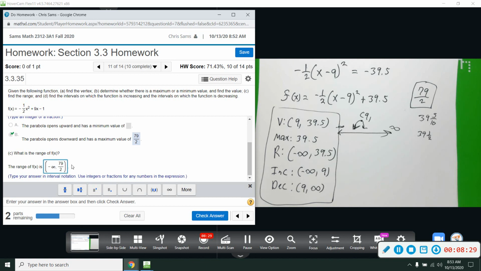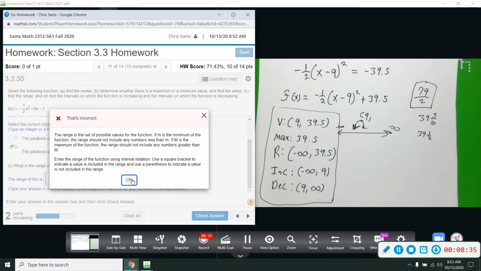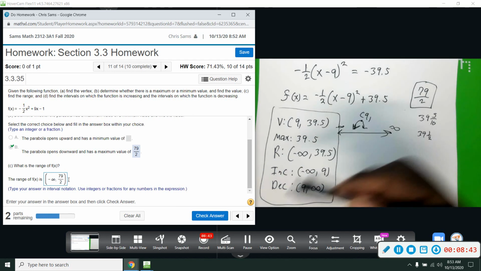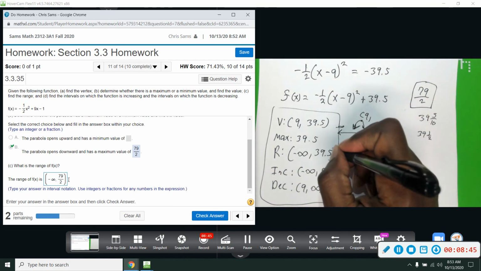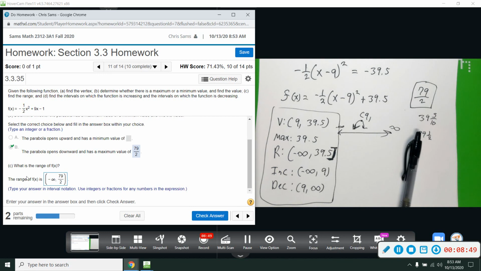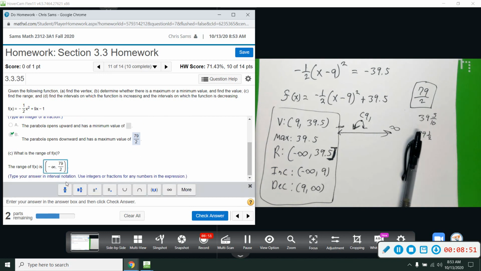You've got to put a space between those, otherwise it makes that fraction every time. So I have to put a space right there. What does it say? Type your answer in interval notation. Oh, I forgot the bracket, sorry. Because of the equal to, this needs to be in a bracket. So be careful with those domain and range. An endpoint needs to be a bracket.